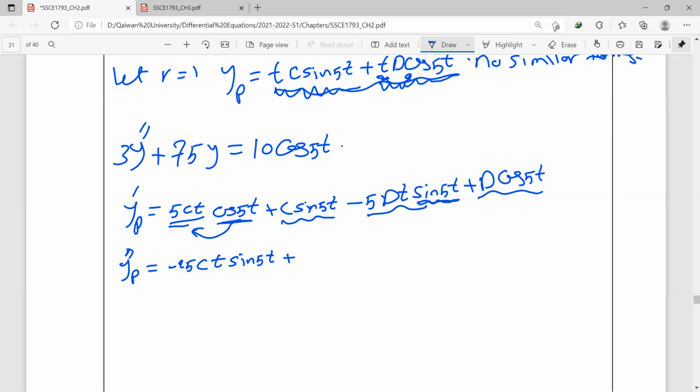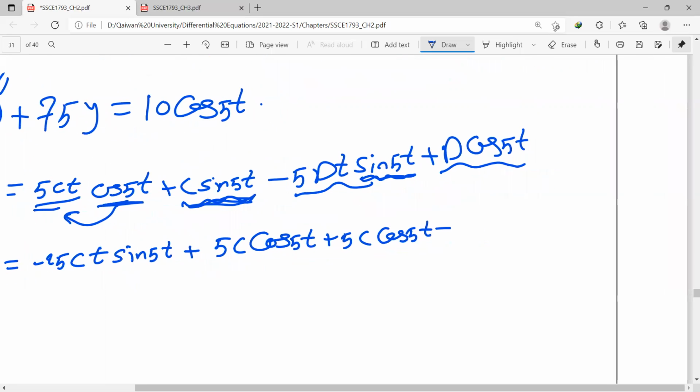The derivative of the first, 5ct, with respect to t, we get 5c. We get 5c cosine 5t. Here we have plus the derivative of sine, which is cosine, plus 5c cosine 5t minus. Here we also have the derivative of two functions: first times derivative of the second plus second times derivative of the first, minus. We write it in a bracket because this negative sign applies to all.